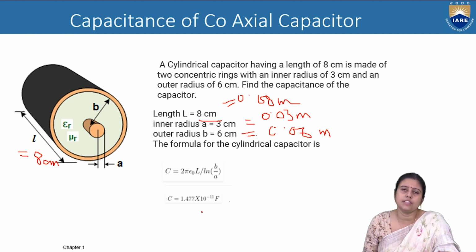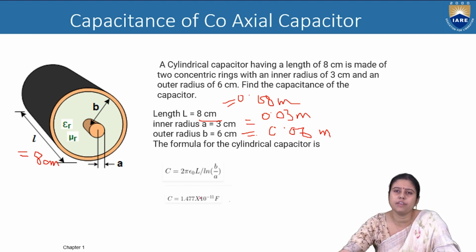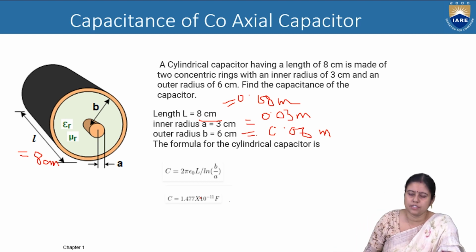So what is the capacitance? 1.447 into 10 to the power minus 11 farad. So we got the capacitance for a coaxial capacitor.